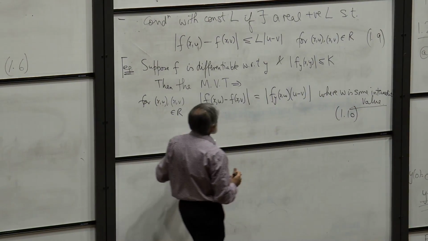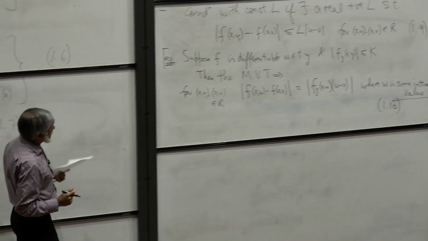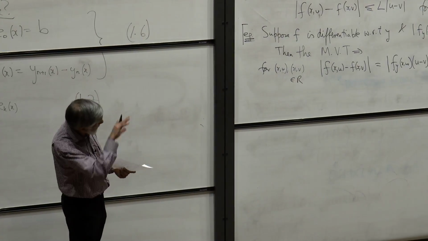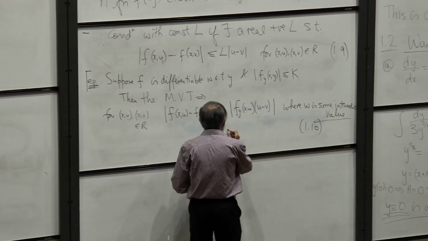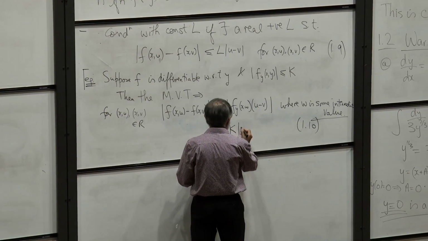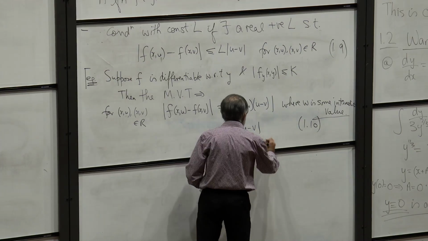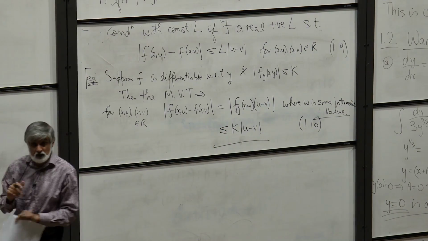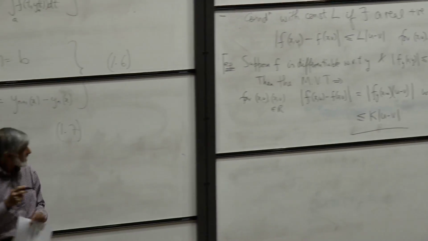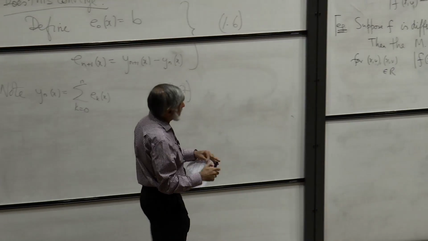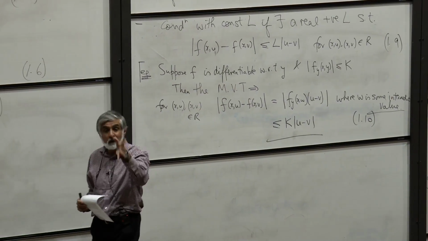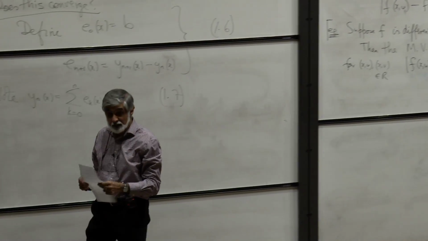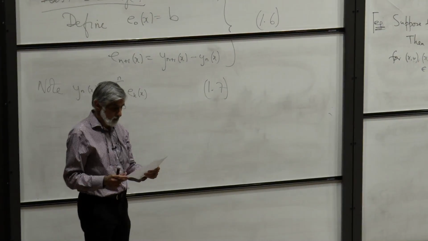And then if the partial derivative is bounded by k, then that would be less than or equal to k, so k would be our Lipschitz constant L. So what that's telling us is that if f is differentiable in y and the derivative is bounded above, then f is Lipschitz. Okay?